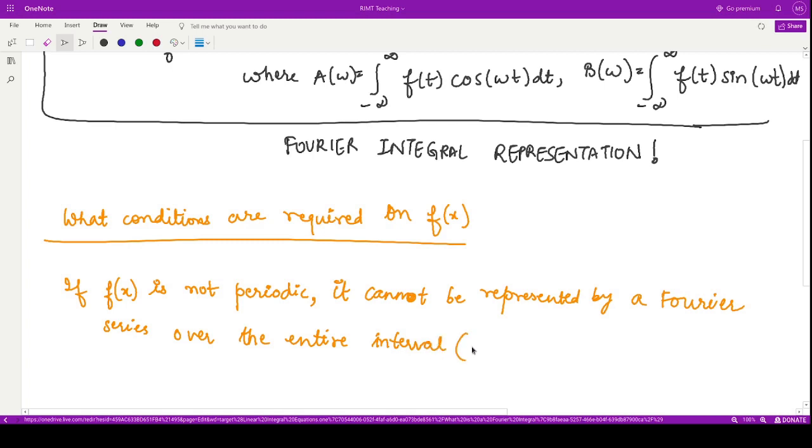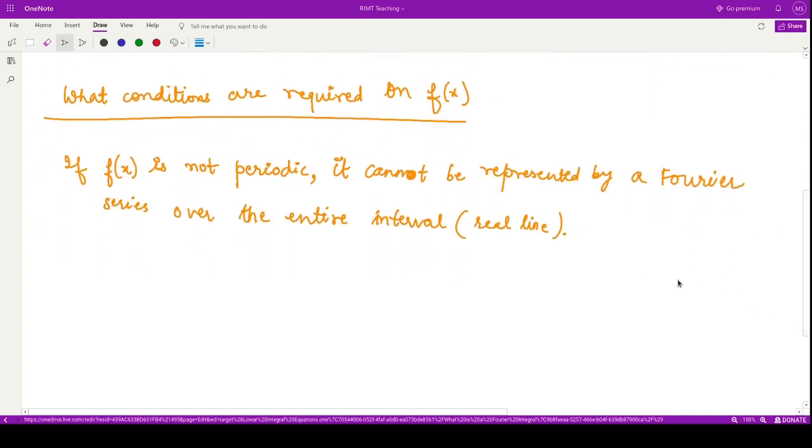By entire interval, I mean the whole of the real line. This you already know. So in that case, we can use this integral representation.